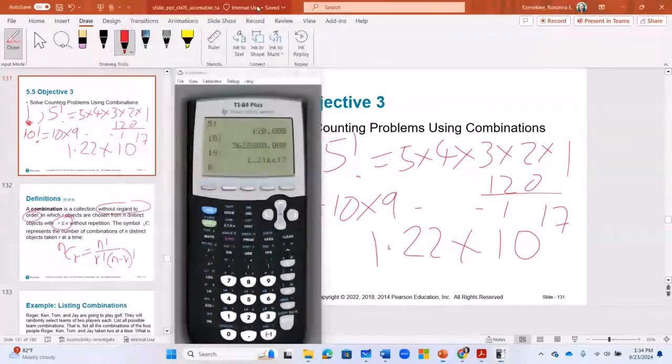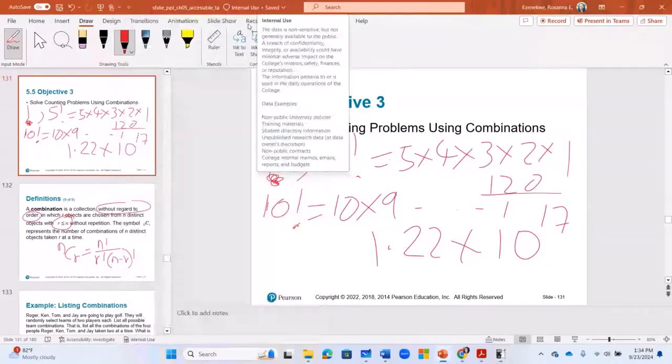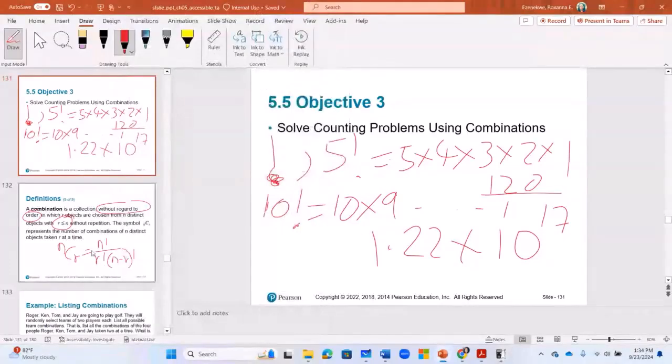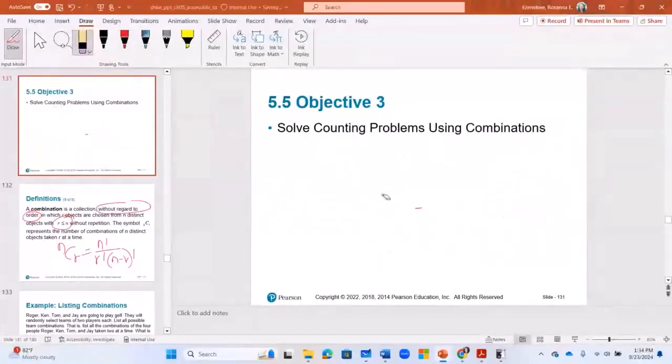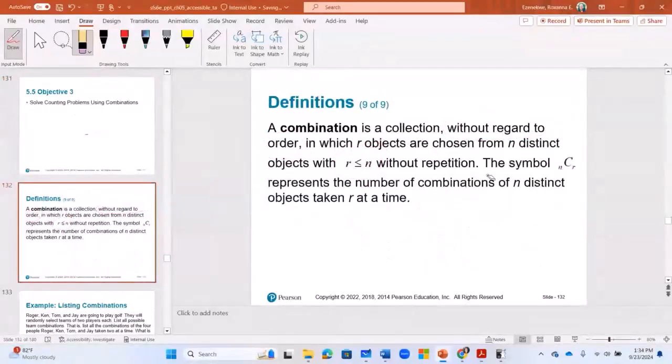So what is the definition of, okay, let's start. All right, we're going to start with combination. We have already said that in combination, order is not important, without regard to order.